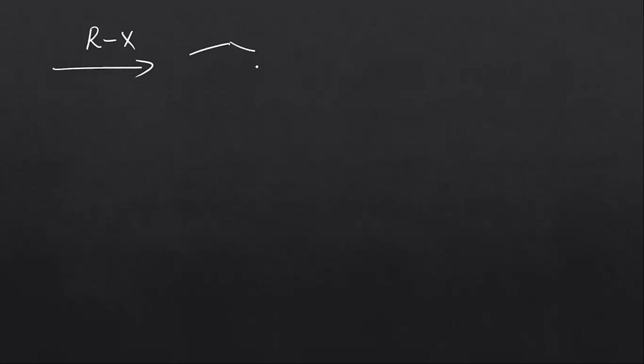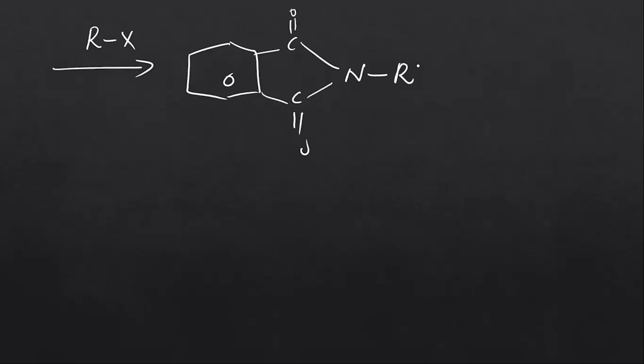So instead of that K, it will become NR. That is N-alkyl phthalimide. Okay, N-alkyl phthalimide.